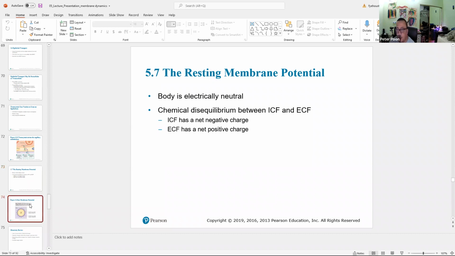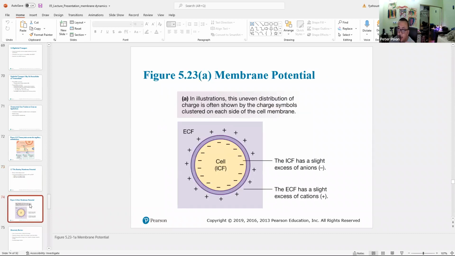Instead of negative 35 on the outside and plus 35 on the inside, we think of the outside being 0 and the inside being negative 70.